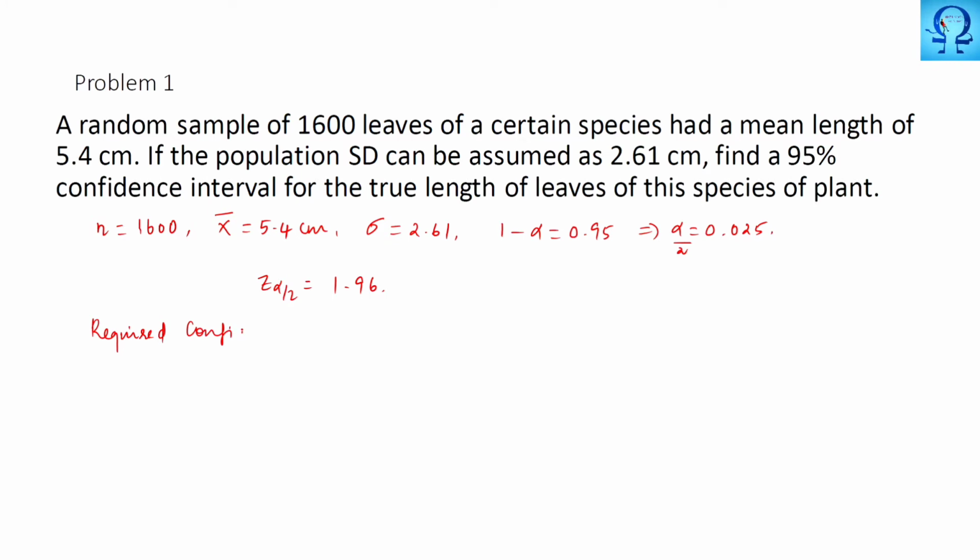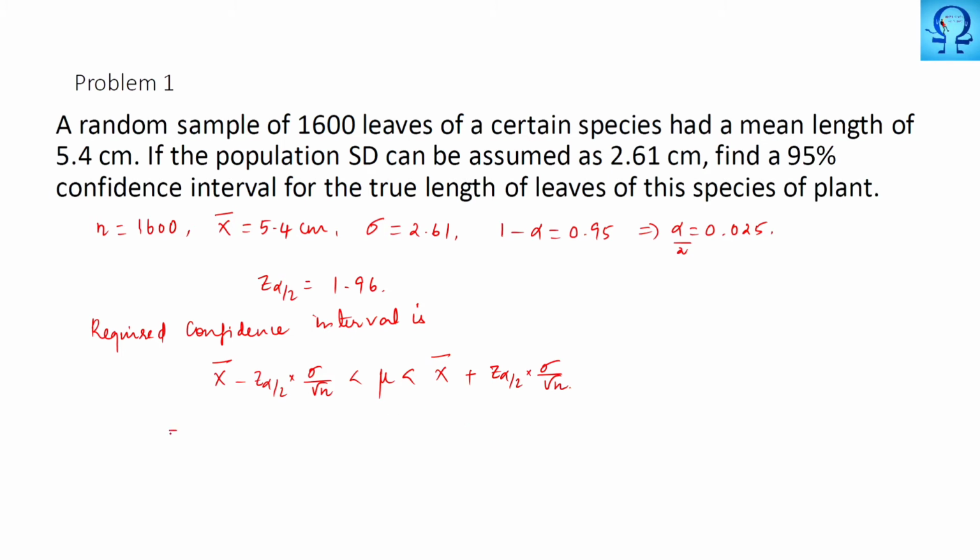So the required confidence interval is x bar minus z alpha upon 2 multiplied with sigma upon under root n less than mu less than x bar plus z alpha upon 2 multiplied with sigma upon under root n, isn't it?